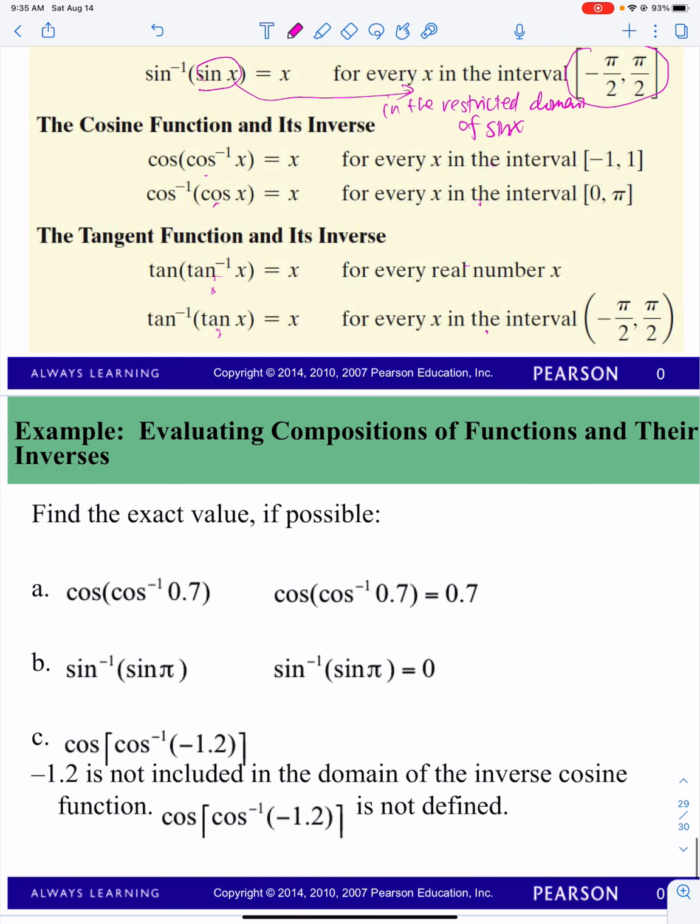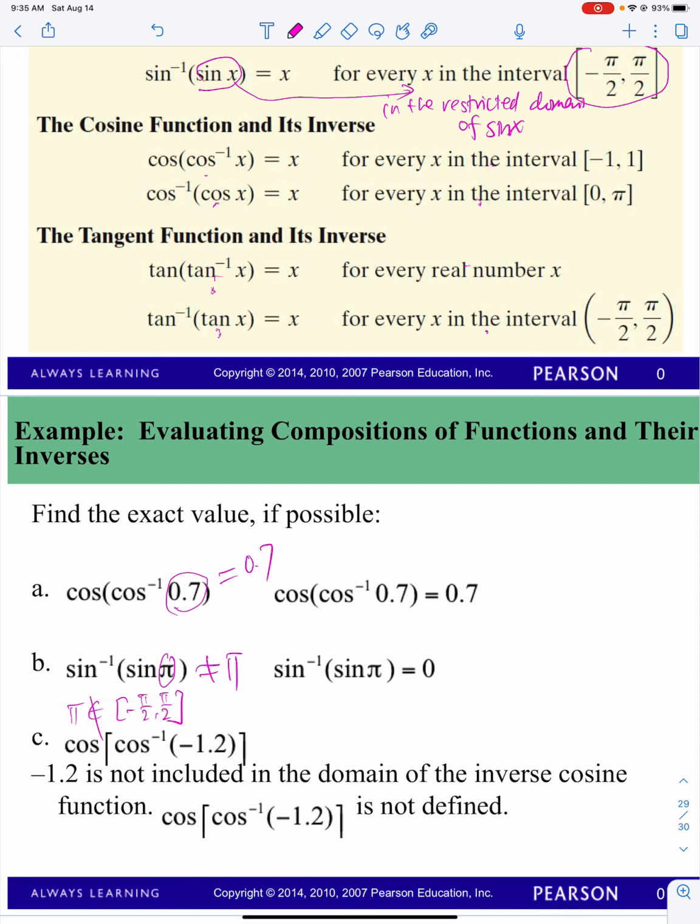Okay, so cosine inverse of 0.7. It's in the domain from -1 to 1, so directly 0.7. Now sine inverse of sine pi. Is pi in the restricted domain -pi/2 to pi/2? No. So this means it will definitely not be equal to pi, because pi is not in there.